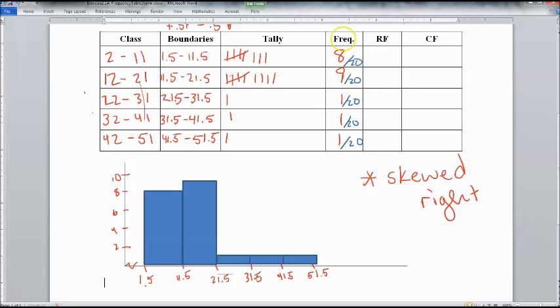Okay, so frequency, again, out of 20, so we have 8 divided by 20. Now, we all should know what 1 divided by 20 is. That's 5%, so 0.05, 0.05, 0.05. 8 would be 40%, or 0.40, and then 9 would be 45%.